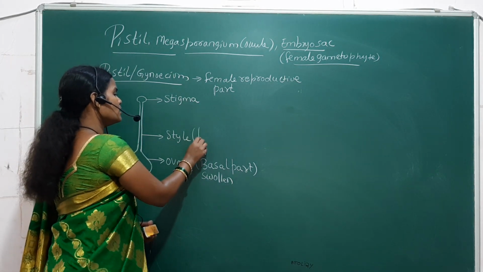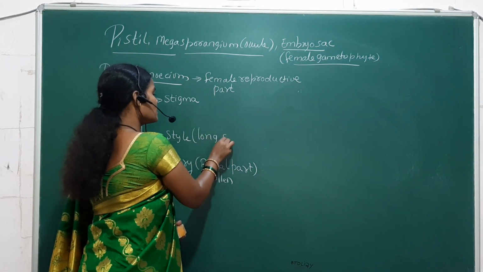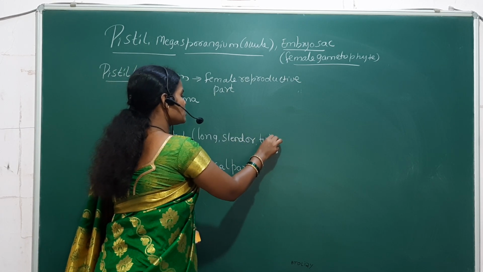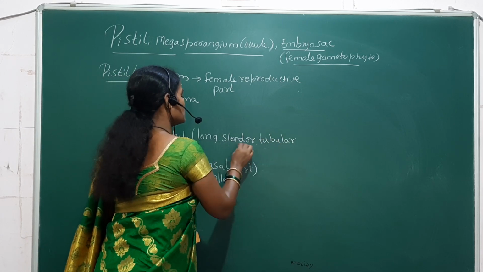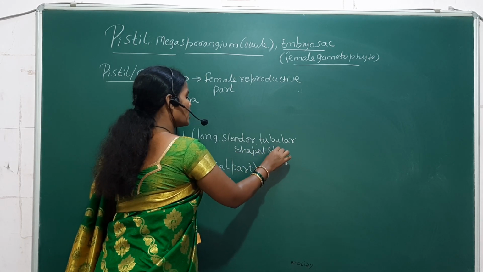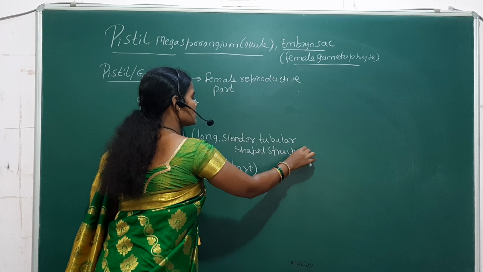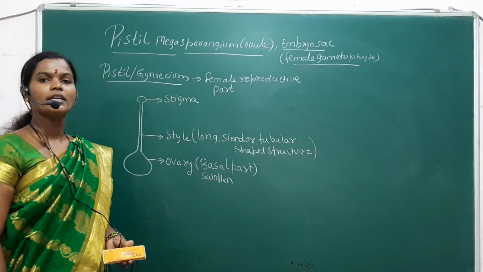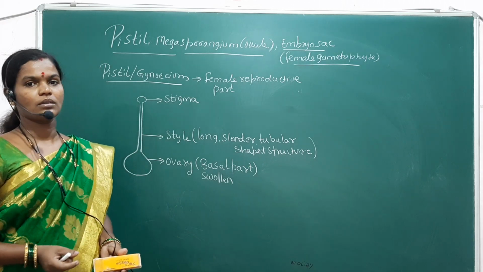Style is the long, slender, tubular shaped structure, and stigma is the knob-like structure.